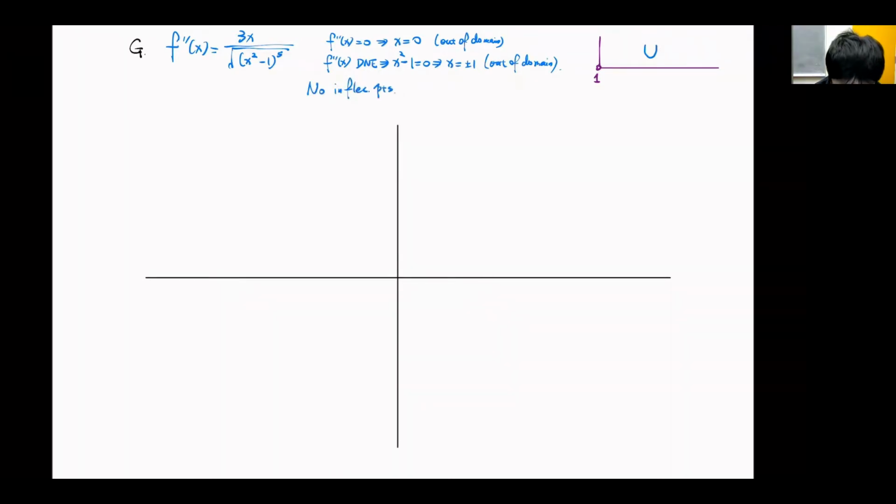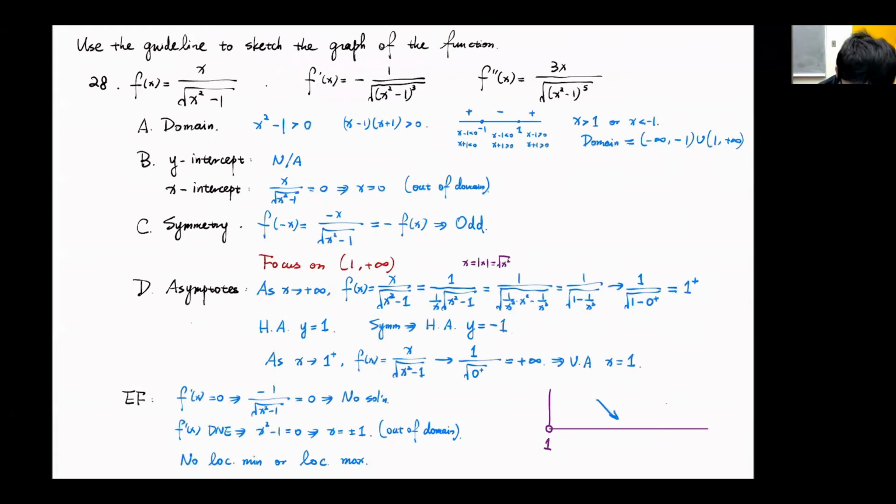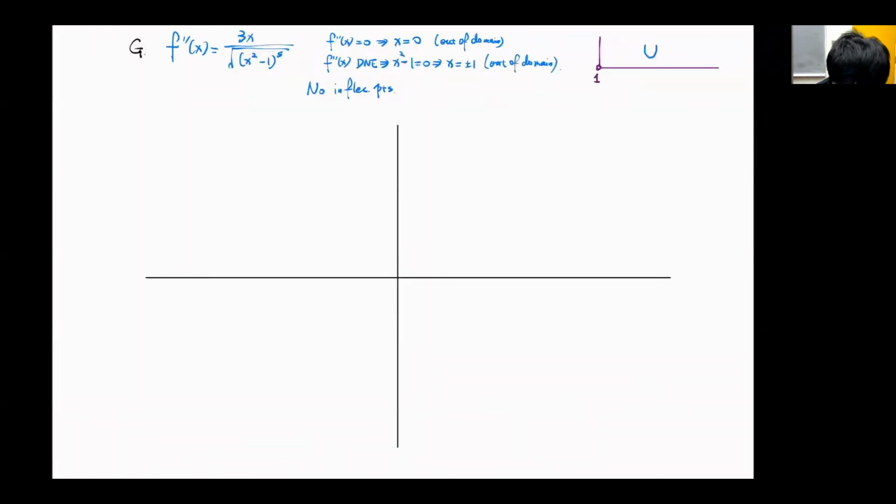Now let's draw the graph. First, the function is defined to the right of 1, and there are no intercepts, and there's a symmetry of odd functions, so we focus on this interval for now. And there's actually a horizontal asymptote and a vertical asymptote over here. So let's put these asymptotes on the graph.